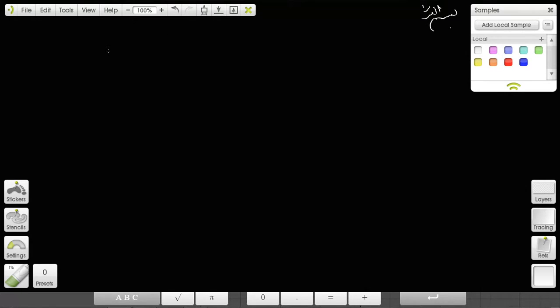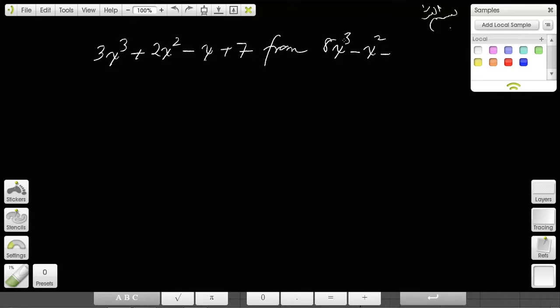So we are to subtract 3x cubed plus 2x squared minus x plus 7 from 8x cubed minus x squared minus 5x plus 1.